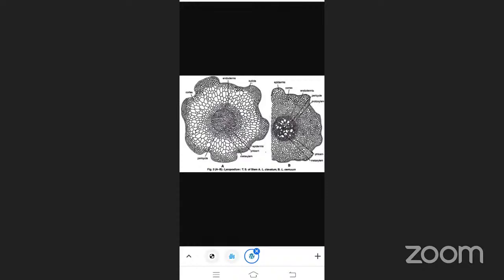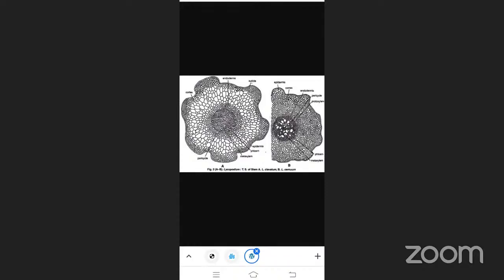The cortex is below the epidermis. The cortex consists of several layers and is broad. The thickness of the cortex varies from species to species. It may be broader than the stele or of the same size as the stele.